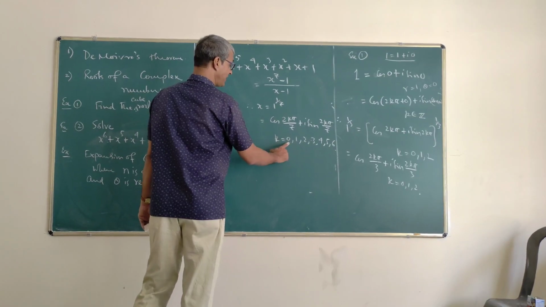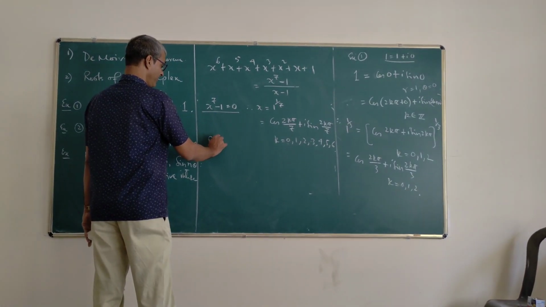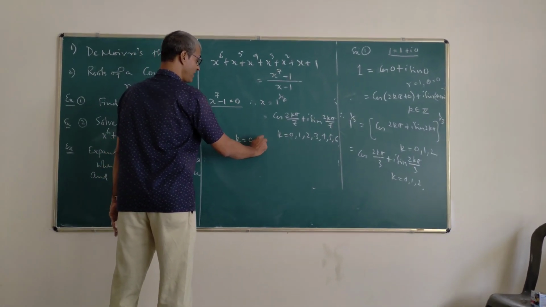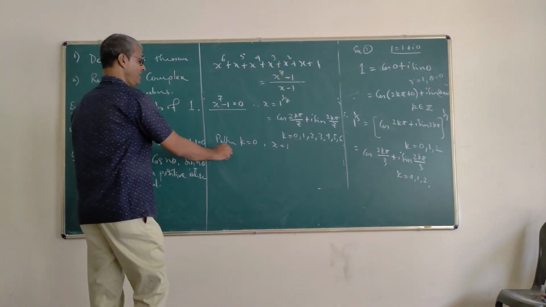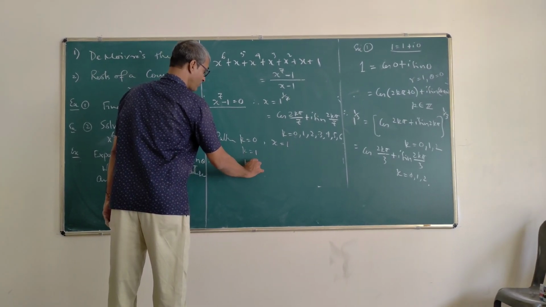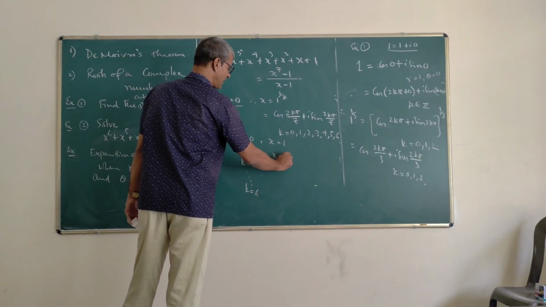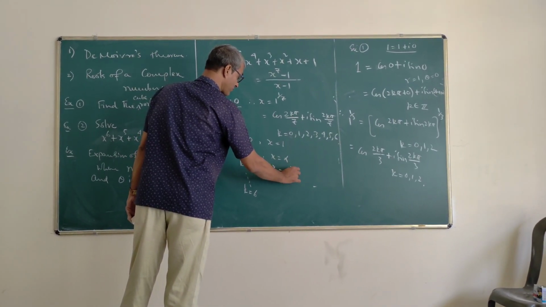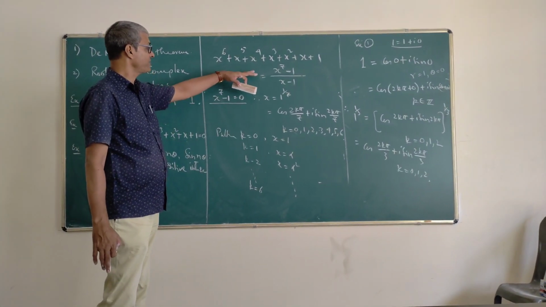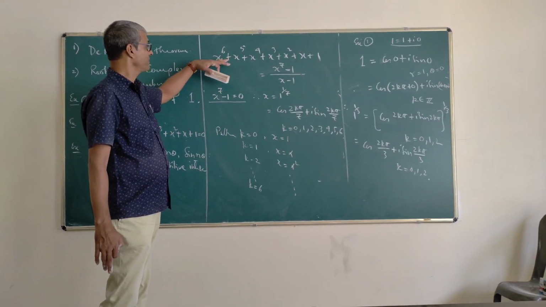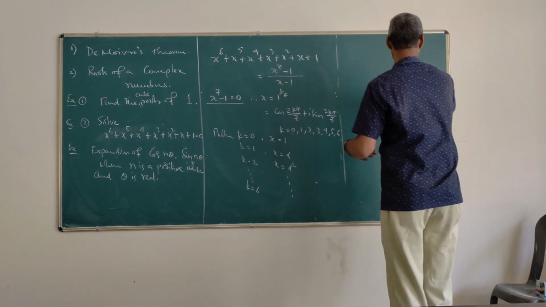Now, when we put k equal to 0, then it will be 1, so x equals 1. Then putting k equal to 1, k equal to 2, and so on up to k equal to 6, you will get x equal to alpha, alpha square, and so on. Out of 7 roots, this gives 6 roots.